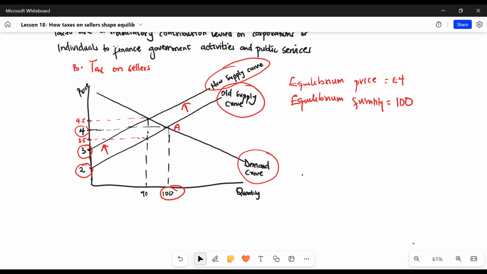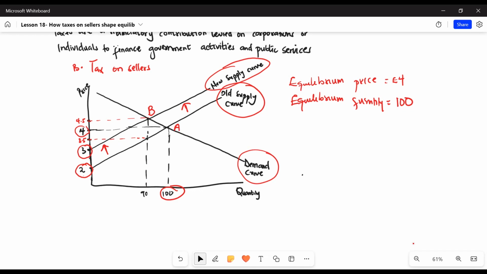So a new equilibrium occurs at the point where the new supply curve meets the demand curve. And in this case, it's represented by point B here. So our new supply curve will intersect our already existing demand curve. Now, the price buyers pay after the tax will increase, and the price sellers receive after the tax will fall.